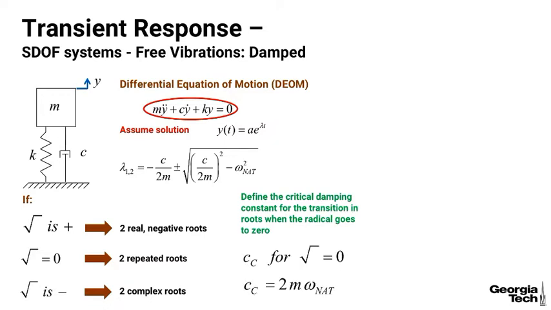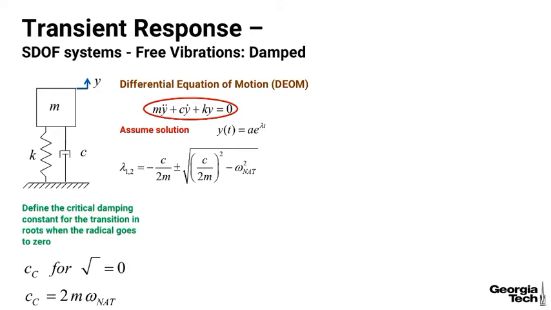If you take the quantity underneath the radical and set it equal to 0, the critical damping constant is 2 times the mass times the natural frequency. So we're going to define the critical damping ratio and give it the symbol zeta. And zeta will equal the actual damping constant, c, as the ratio to the critical damping constant, c sub c, which we found to be 2m times the natural frequency.